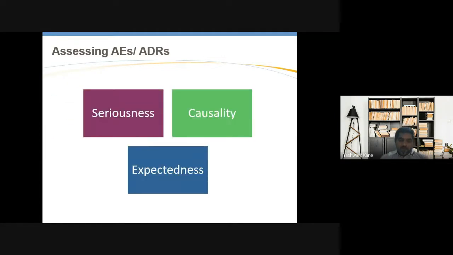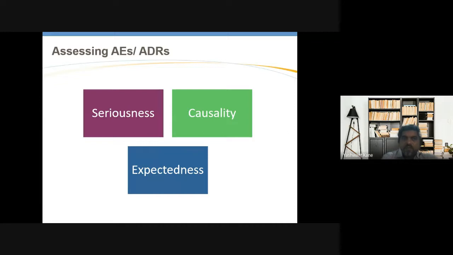If you remember the pharmacovigilance data system I showed you on the second slide, there is data in and there is data out. In between, there is assessing of the drug, or entering of the adverse data into the system and assessing it. There are parameters based on which we assess the adverse events or adverse drug reactions, and those are seriousness, causality, and expectedness.